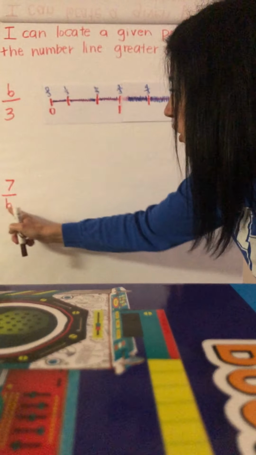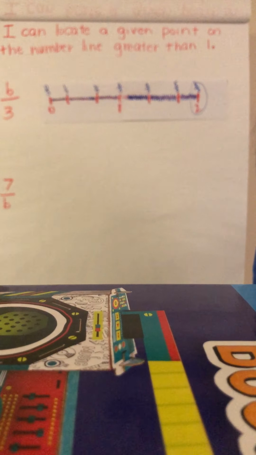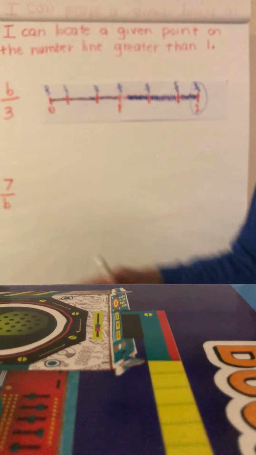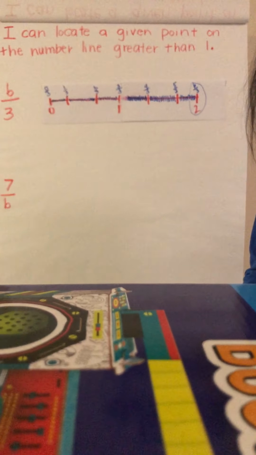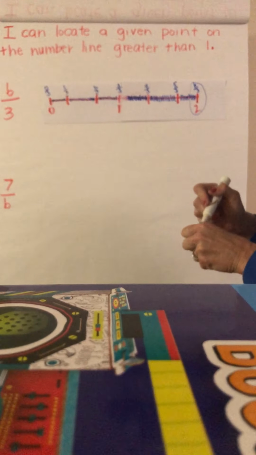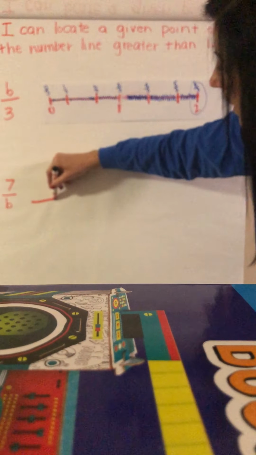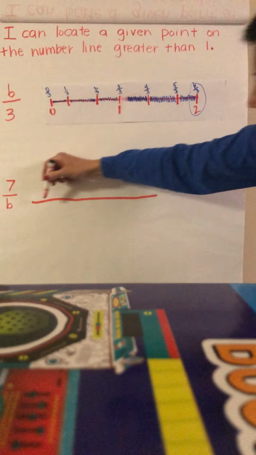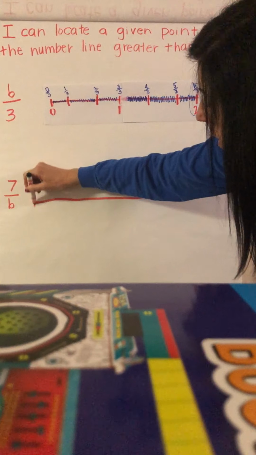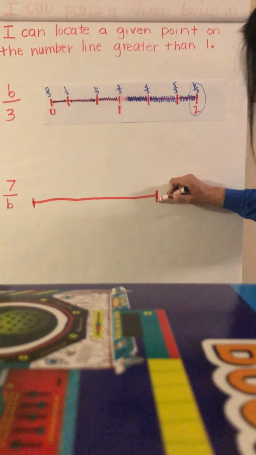Again, I can use the numbers in my fraction to help me understand what my number line needs to look like. I know that my denominator, my bottom number, tells me that I'm going to divide my line up into 6 equal pieces. The numerator tells me that I'm going to have 7 of those equal pieces.